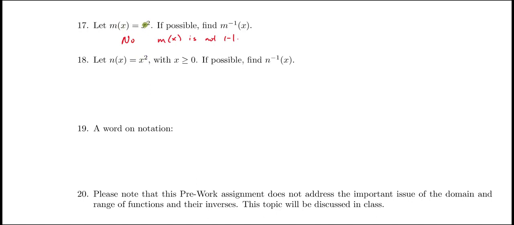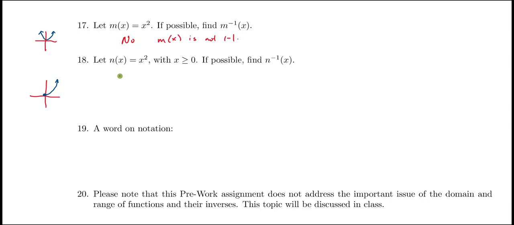These are the same rules, but notice this has a restricted domain. So if I were to look at the graph of this original function, the graph of this original function was this non-one-to-one function. But now that I've restricted myself to an interval for which the function is one-to-one, we can now construct an inverse.